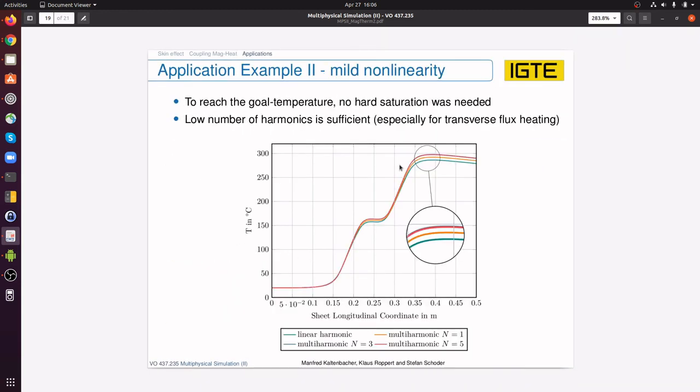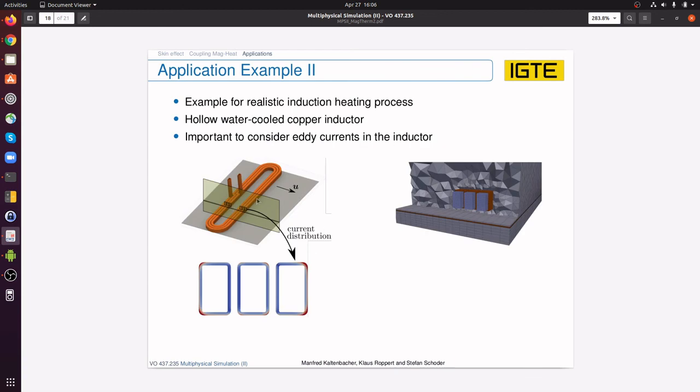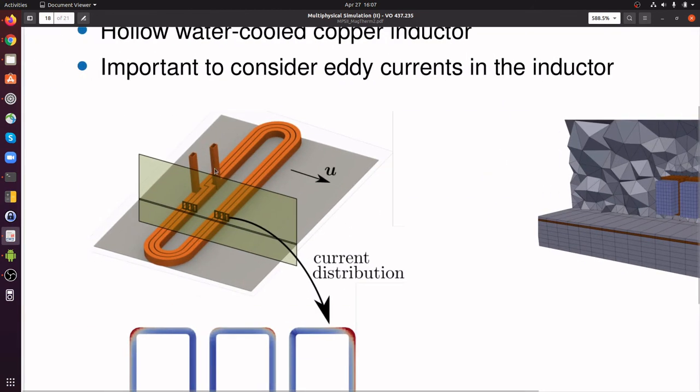Okay, so this sheet here is moving, so it has a certain velocity u. It enters our control volume at room temperature, so let's say 20 degrees centigrade. Then there comes the inductor, heating it up, in the first three passes of this inductor, to, I don't know, 100 degrees centigrade.